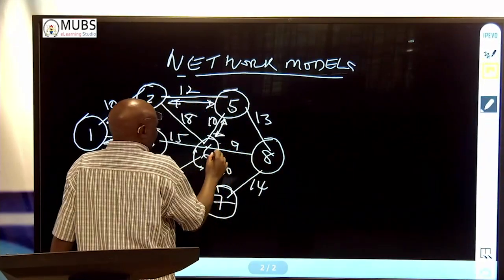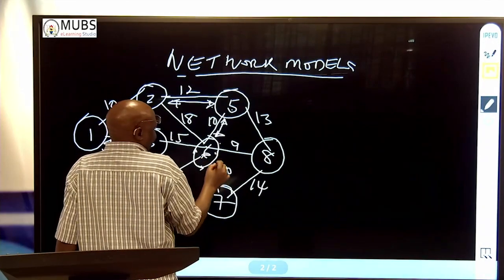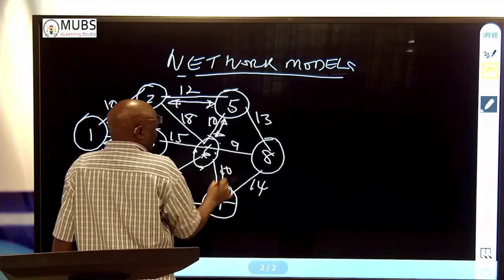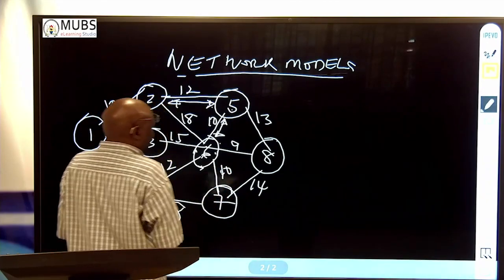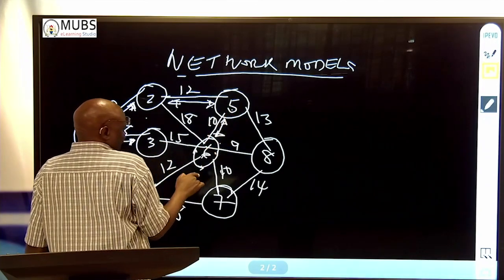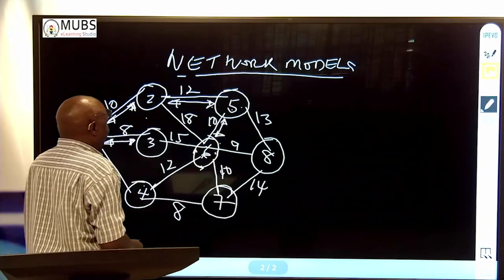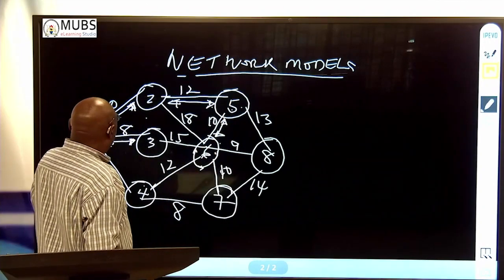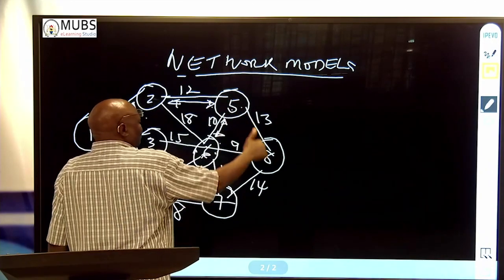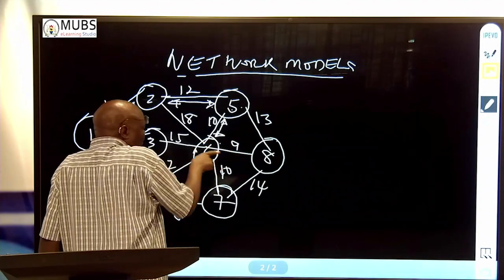Let's go back before we make 10. Let's go back. This one is connected, this one is connected. It can connect here. So 5 can connect to 8 at a cost of 13. 6 can connect to 8 at the cost of 9.